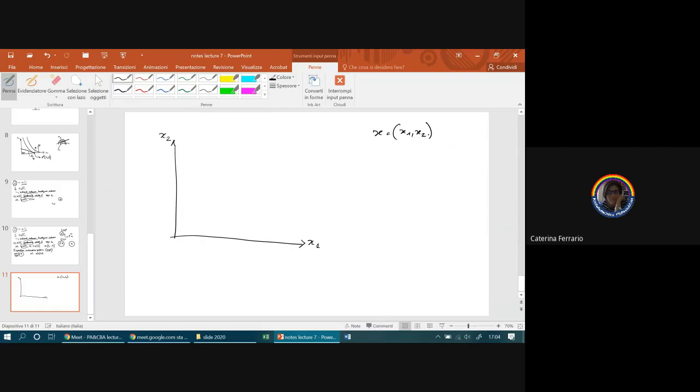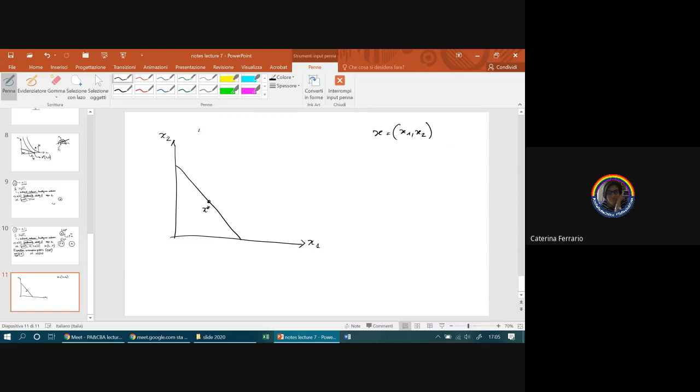We may write the budget line for the consumer, the budget line for any consumption bundle, and we may take one consumption bundle X star, and then we may take all consumption bundles whose utility is greater than this.